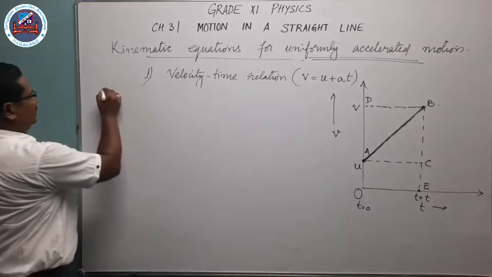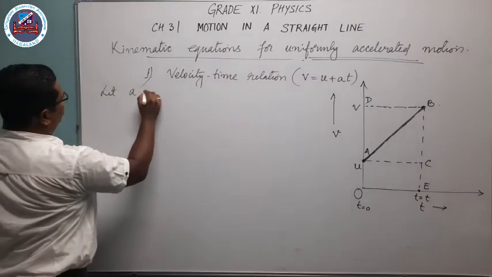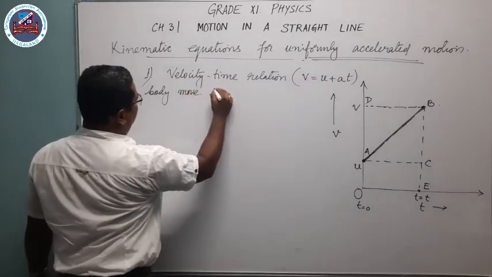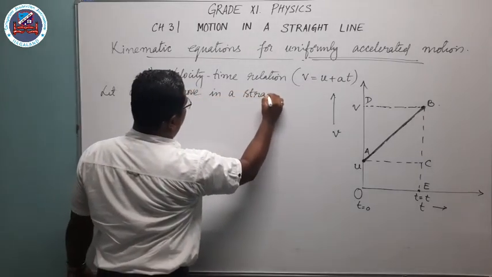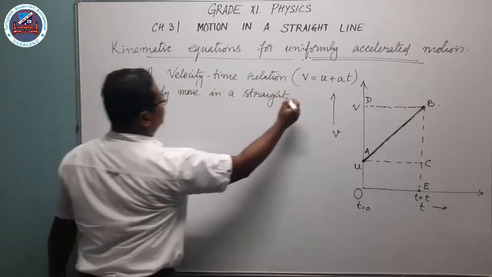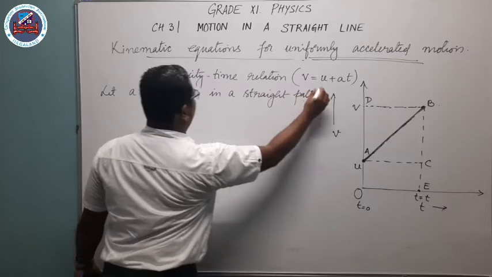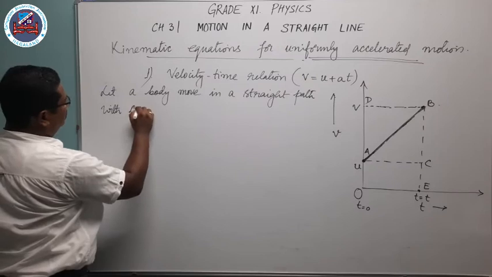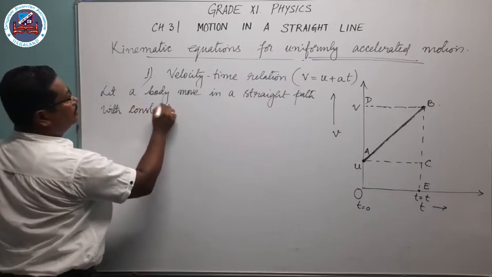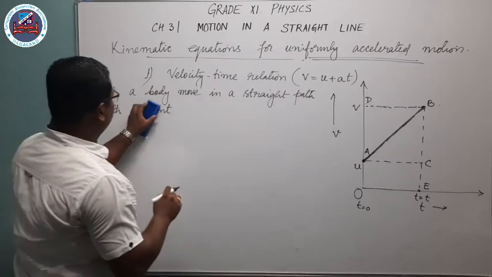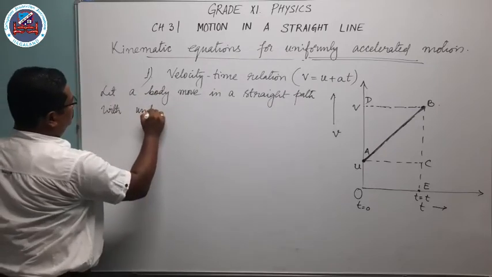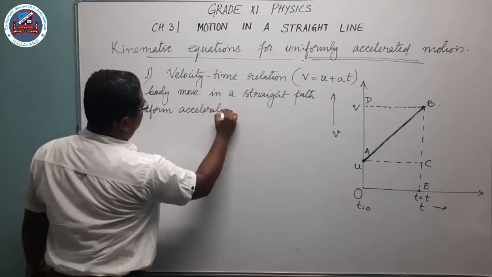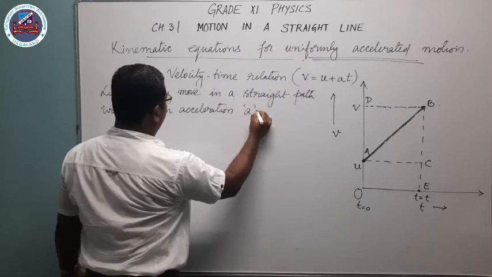Let us start this way. Let a body move in a straight line or a straight path with constant acceleration, or uniform acceleration. Suppose A is the acceleration here.